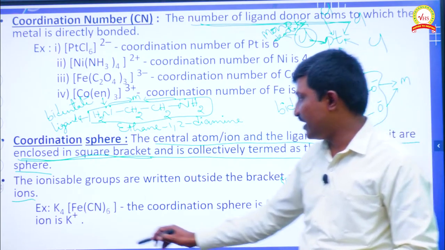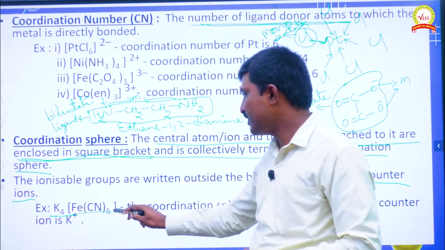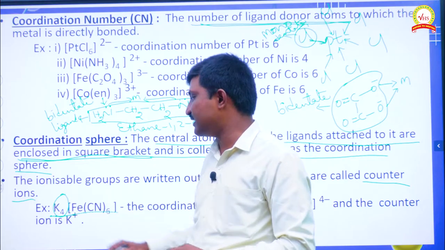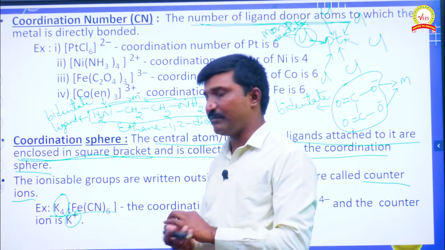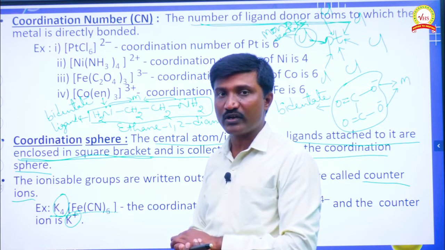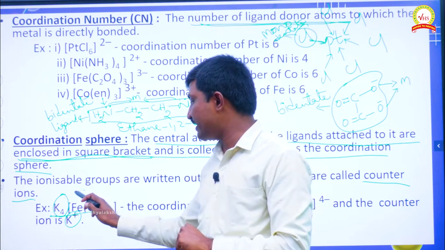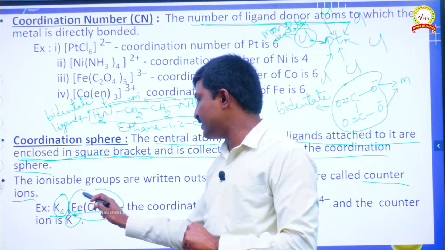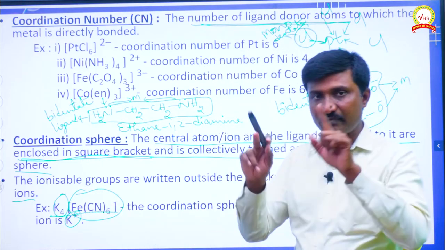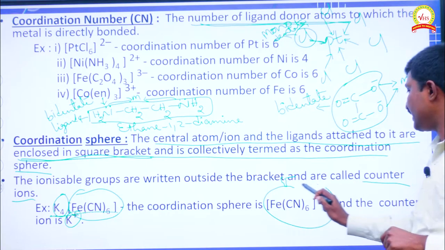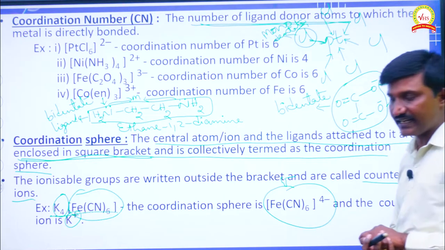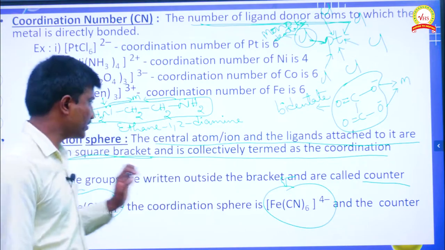So if I take this complex compound, here 4 potassiums are outside the square bracket, and those completely ionize to give 4K+. That K+ we call a counter ion. And what is the coordination sphere here? Whatever is inside the square bracket. That entire square bracket is the coordination sphere.